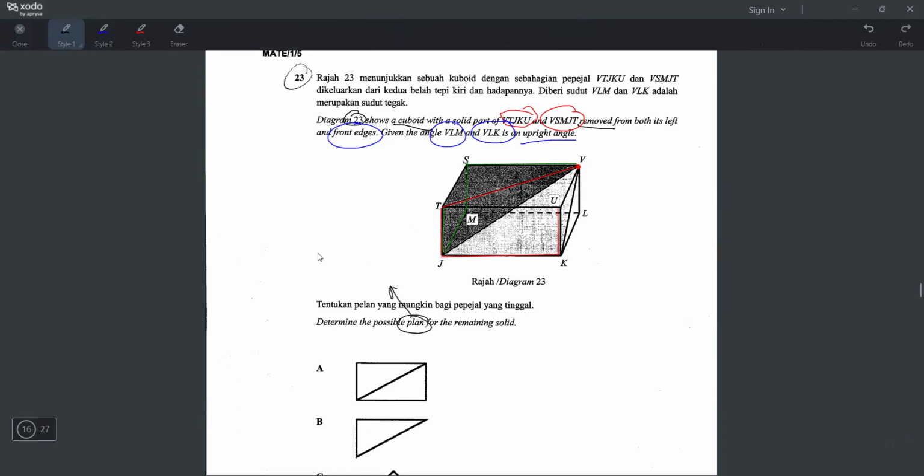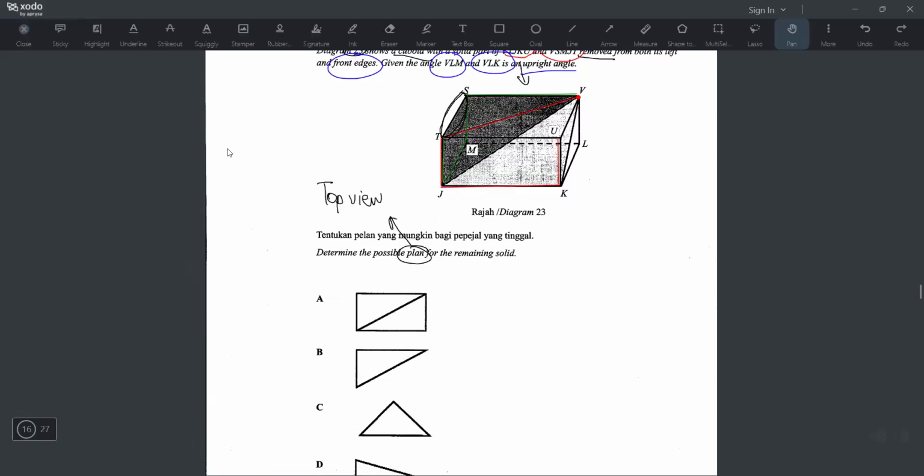Plan means the top view. It means if you look from above, what you see. Imagine if you remove all these edges, what's going to happen if you look from above? Obviously you can still see this line, because the ST line is still there. This line is not removed.